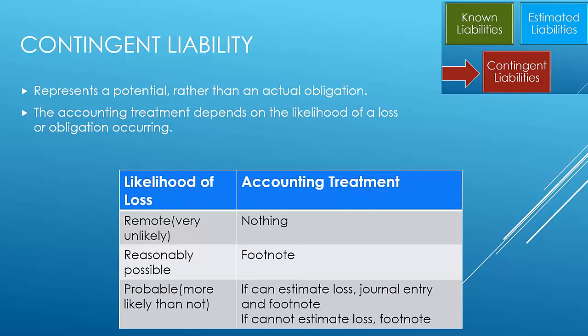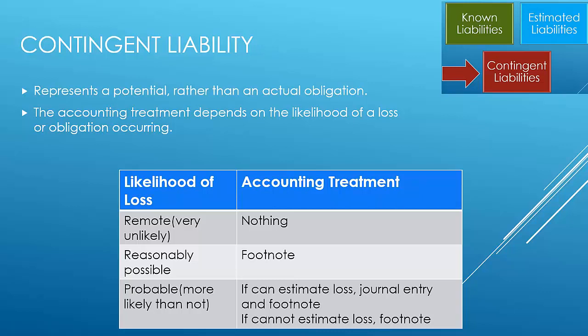And on the next level, getting a little bit closer, if it looks like someone's filed a lawsuit against us and it's reasonably possible that they may win, but we don't know how much is going to be awarded, it's only reasonably possible. Okay, so these terms are really important. And in that case, we don't make a journal entry.